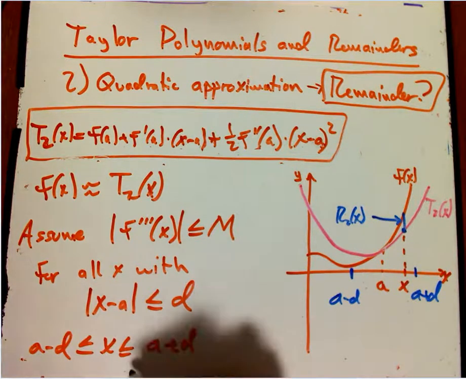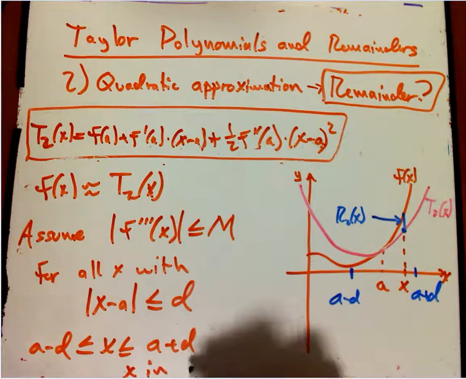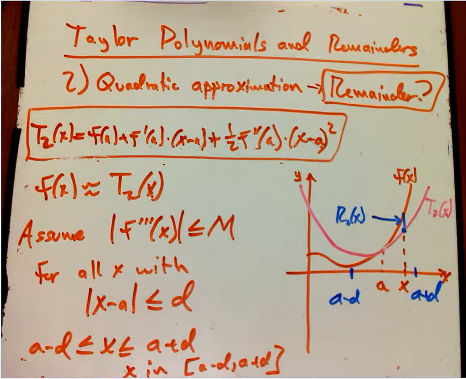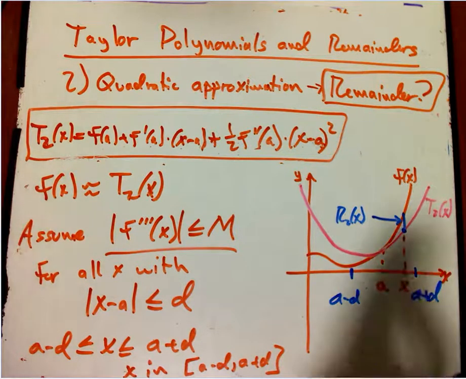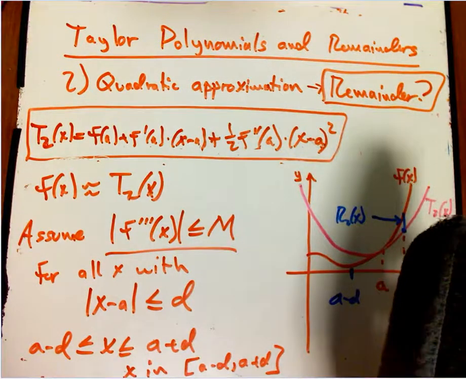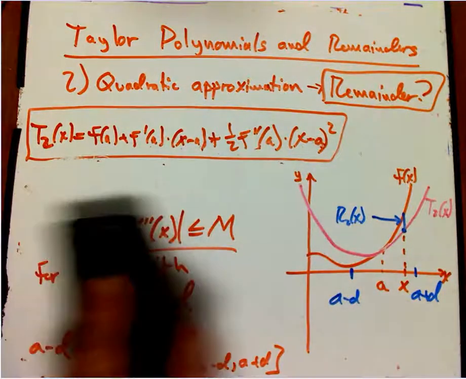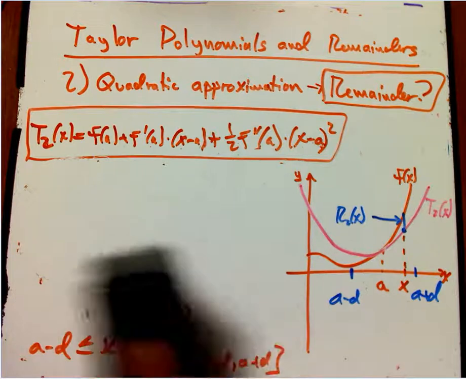Or you could even say x is in the interval a minus d to a plus d. Okay, so let's assume that that's known, and let's see what we can do with that.